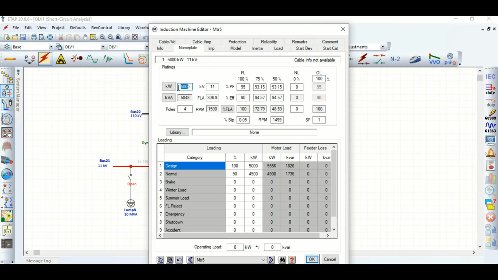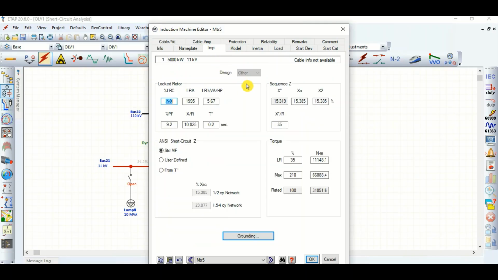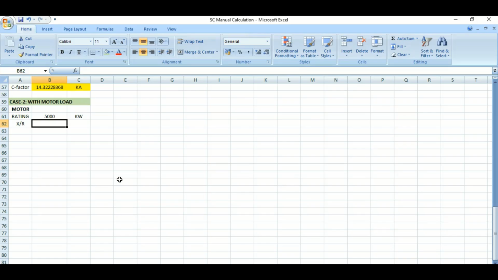So this is a 5000 kilowatt motor, and X by R ratio, which is 10.825, unitless. What is power factor?